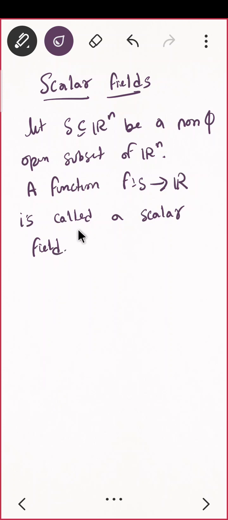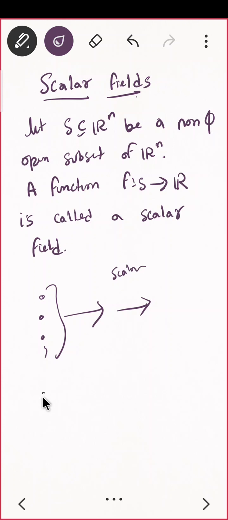Why do you call this a scalar field? Because you are taking input from Rn and giving output as a scalar, as a number, correct? So this is called a scalar field. Similarly you will have a vector field. In a vector field you are taking n inputs and giving k outputs. In a scalar field you have this type of input and only one output.